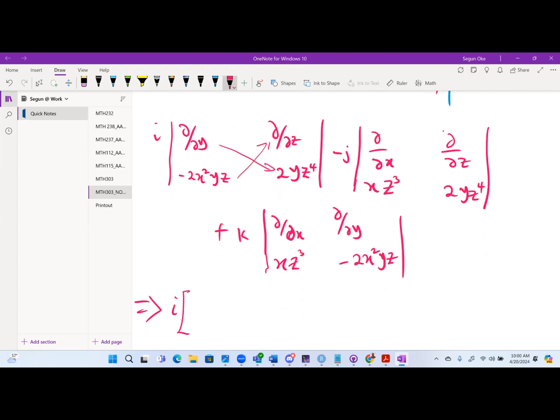So the first one will be d/dy of 2yz^4, minus d/dz of negative 2x squared yz. So the next thing is j.